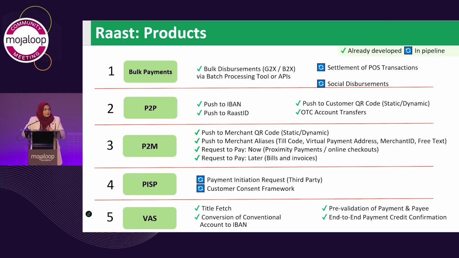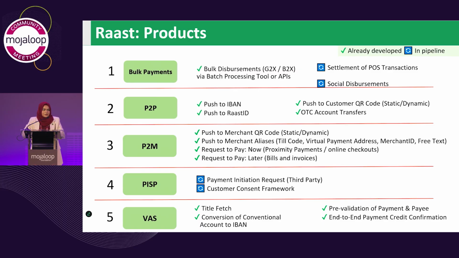One is request to pay now, for invoices which basically last a little bit shorter. Deliveries, instead of cash on delivery, when a merchant basically sets something out for delivery, they would create a request to pay to the customer. When the rider arrives, you can just confirm your order and then accept that request to pay.